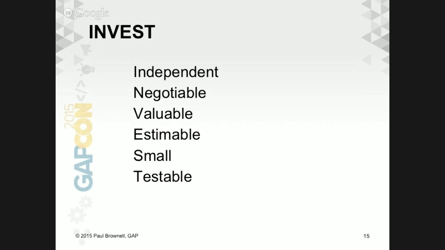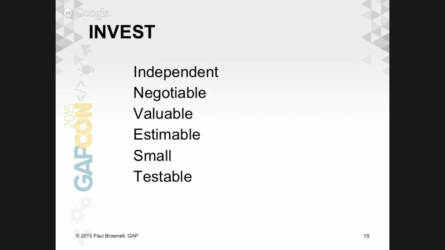Negotiable is important just to be able to take advantage of the creative ideas within the team. The idea behind negotiable is the user story is defined in a way that is not too prescriptive, that it gives the engineering team some opportunity to contribute to the solution, to how you might accomplish that.